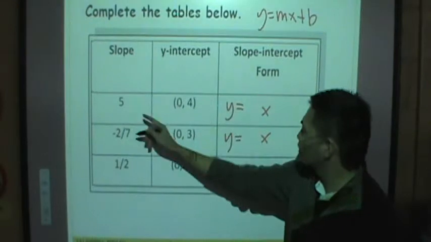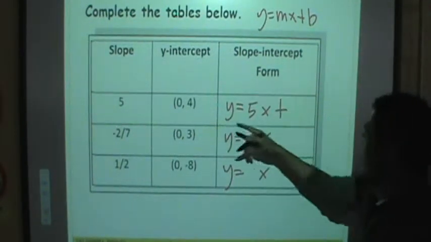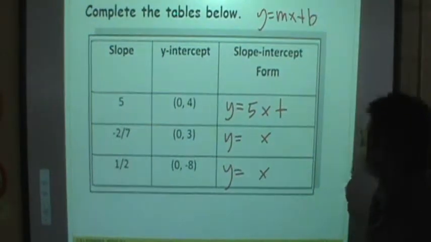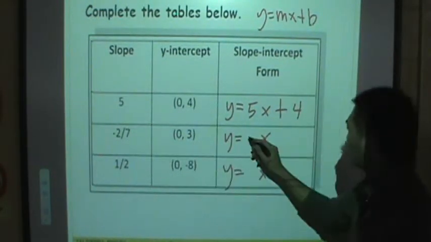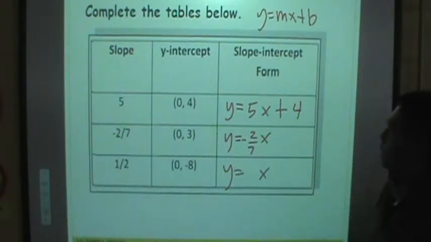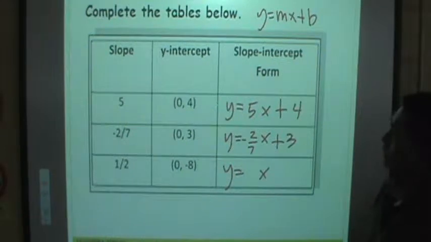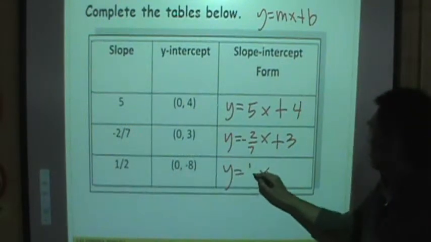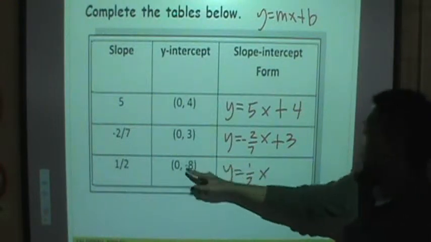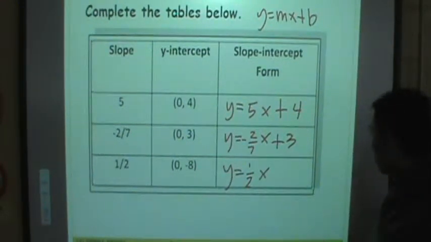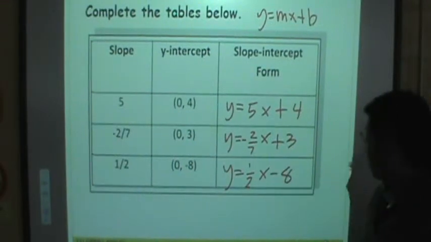What is the slope? 5. What is the y-intercept? (0, 4) is actually the y-intercept along the y-axis of 4. What is the slope? Negative 2 over 7. What is the y-intercept? Boom, 3. What is the slope? Make sure you have the x after the slope. And then what is the y-intercept? (0, -8) is down there. So it's going to be negative. There you go.